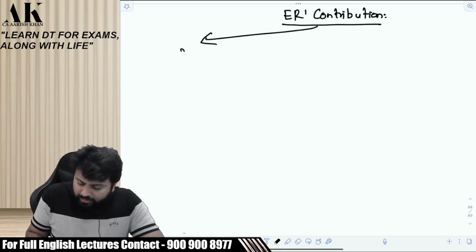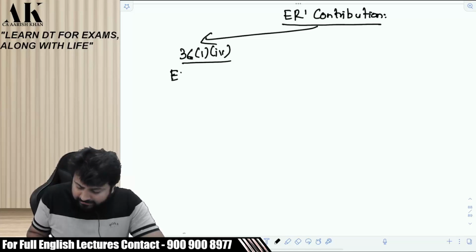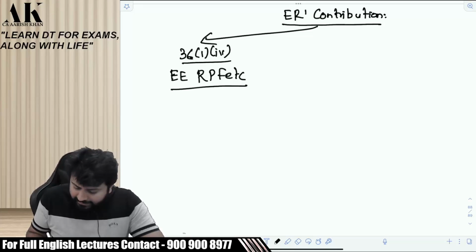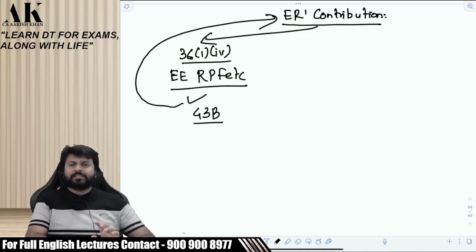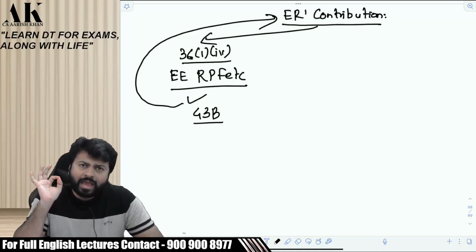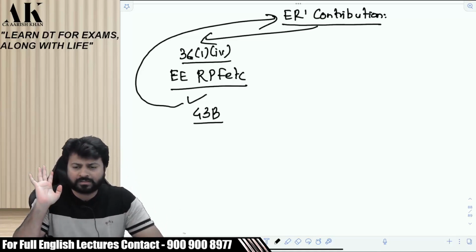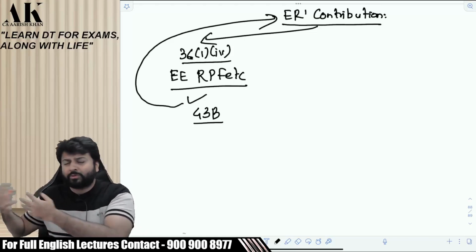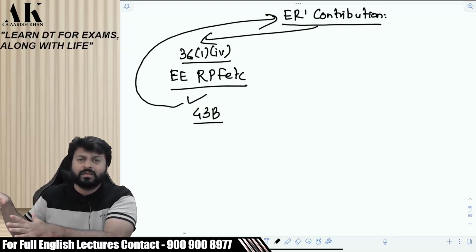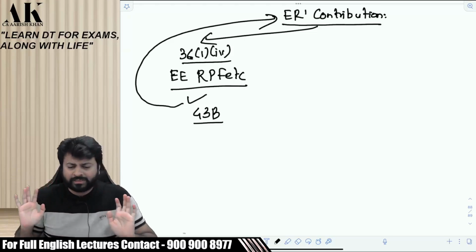If an employer contributes for employees' recognized provident fund, etc., then the employer will get deduction under this section subject to 43B. It means you need to make the payment, actually payment, and then only you will get the deduction. Is it clear? I am an employer, you are my employee. If I am opening a recognized provident fund account for you and if I am contributing from my pocket to you, then I will be allowed a deduction on that amount. Is it clear?